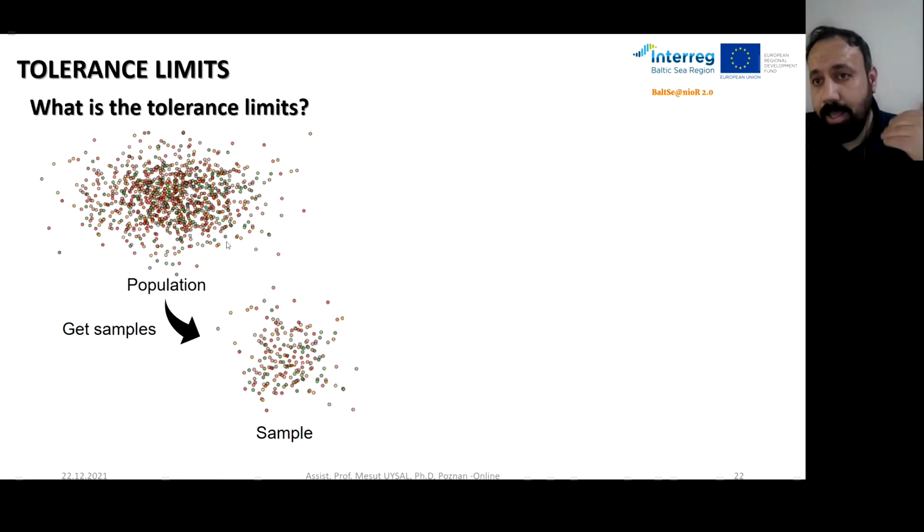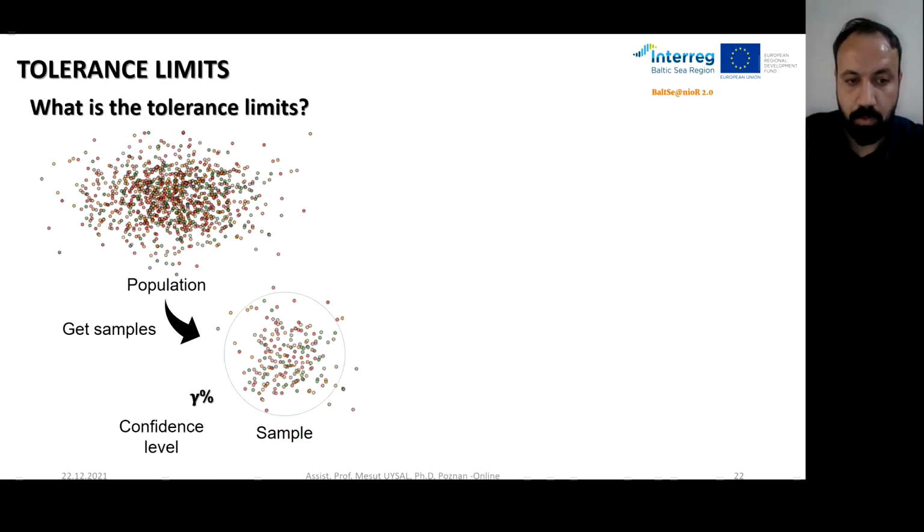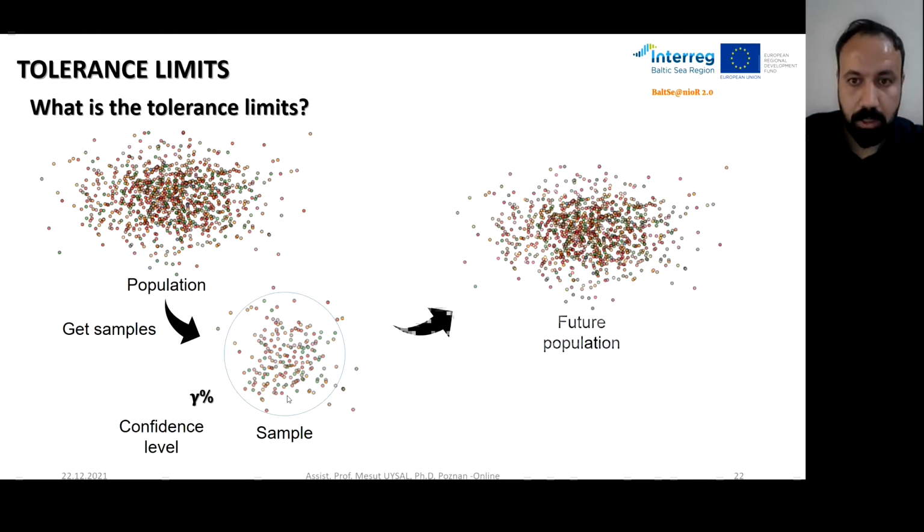I cannot test all of them, so I need the confidence level. I statistically test some percentage of my sample, and then I go to the future population.